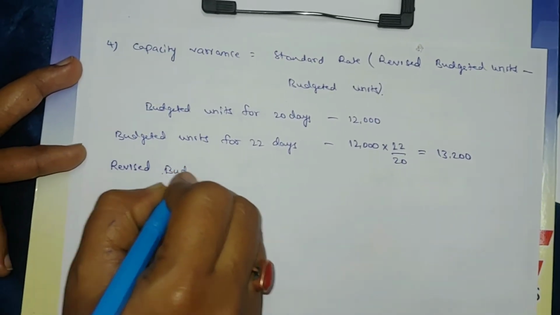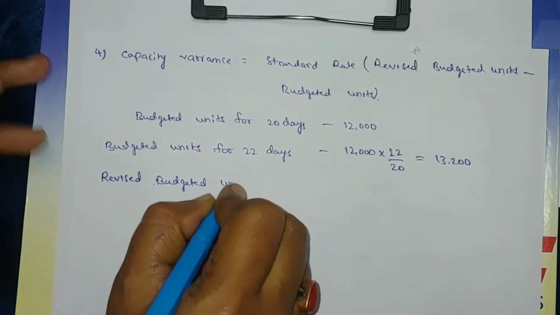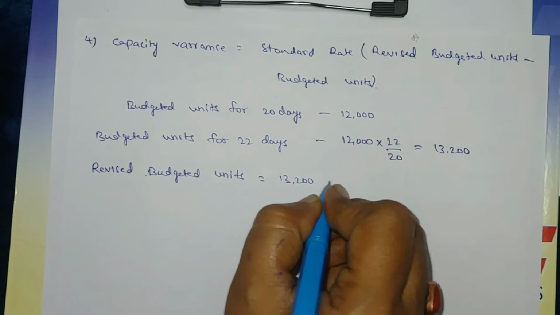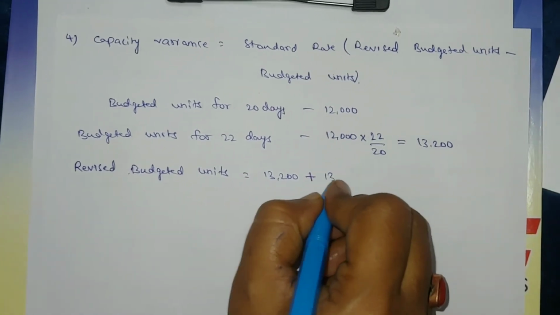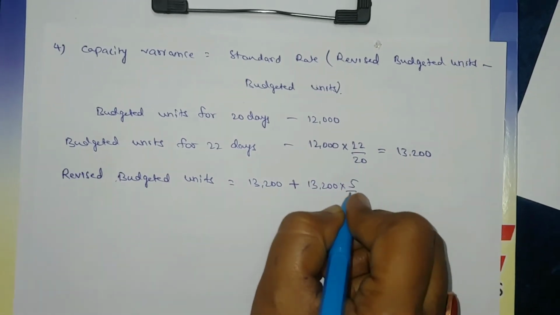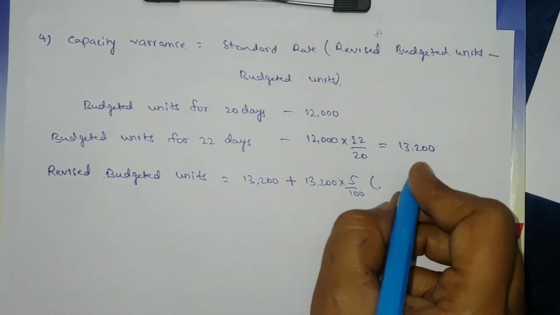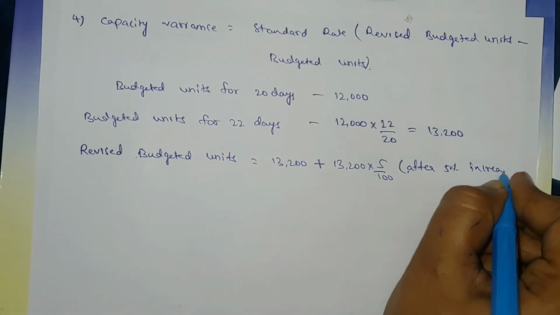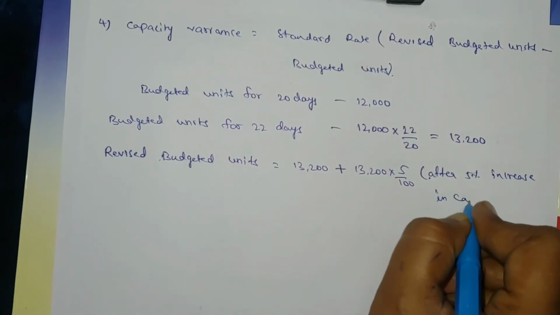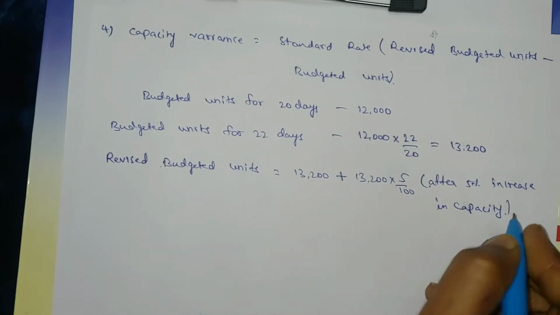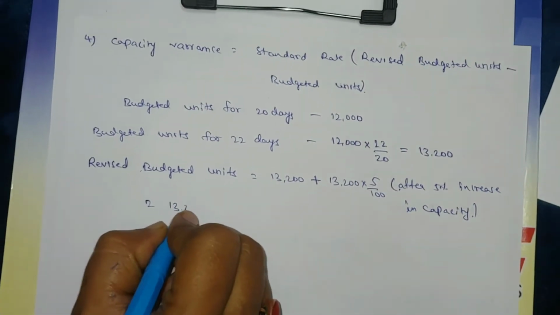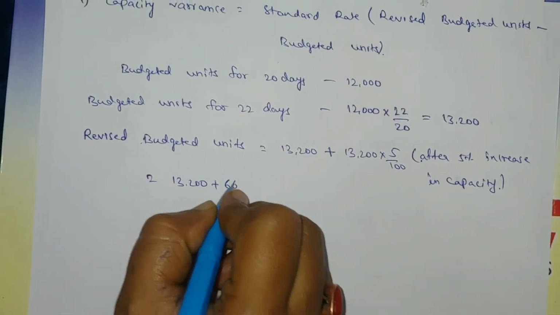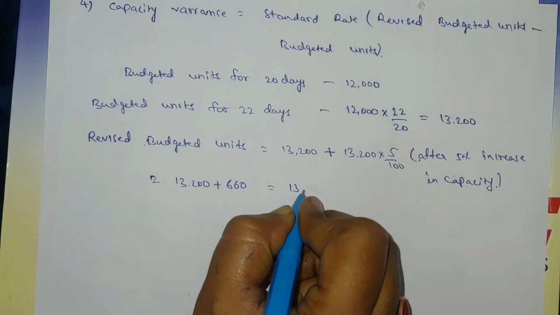Revised budgeted units is equal to 13,200 plus 13,200 into 5 by 100. It is after 5% increase in capacity, equal to 13,200 plus 660 equal to 13,860.